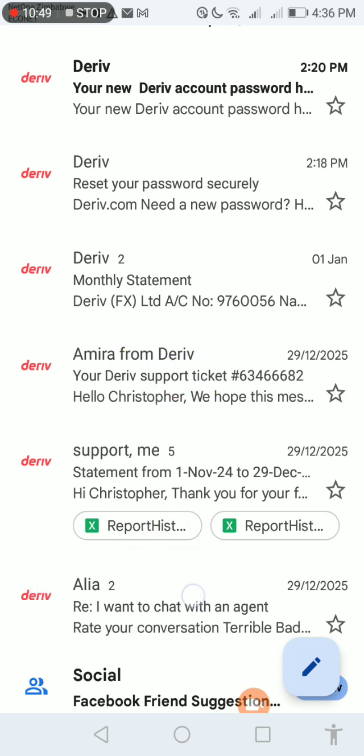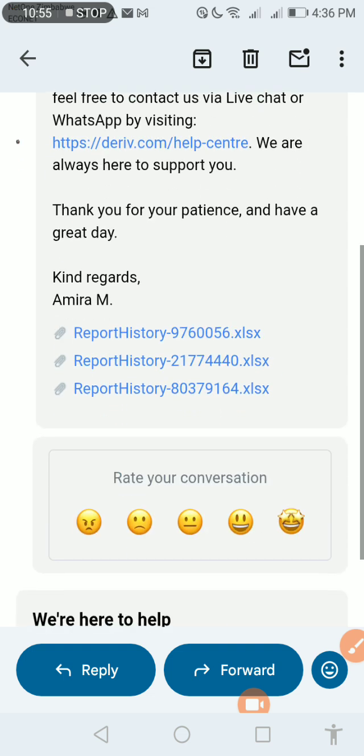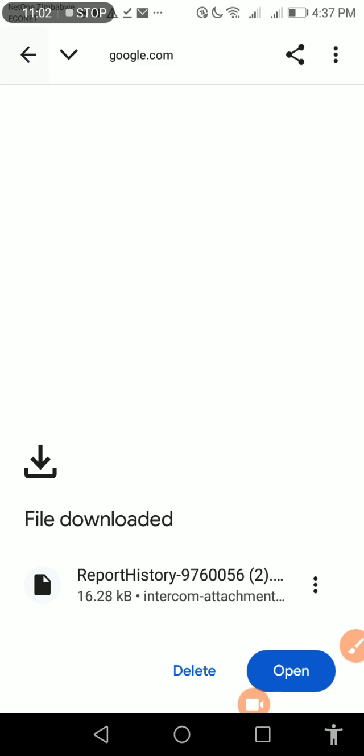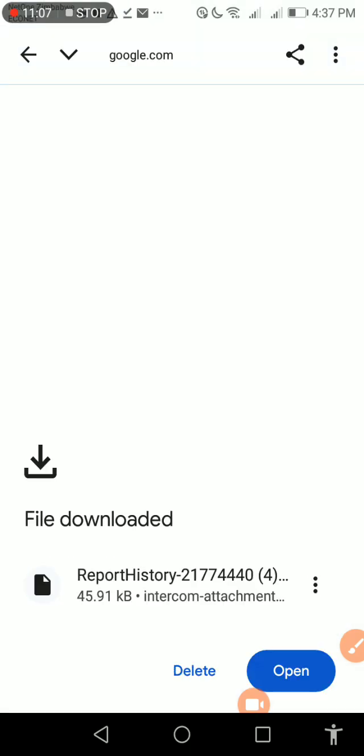I won't download them because I'm going to go into the D trader and log in to the account. So I requested someone from support to send me the statements for CFDs for the whole of 2025, and I will open them soon.